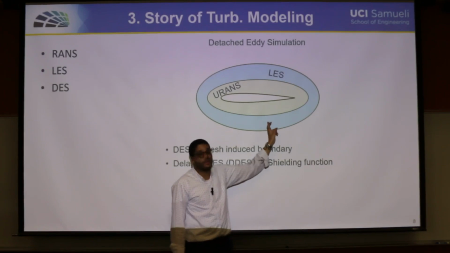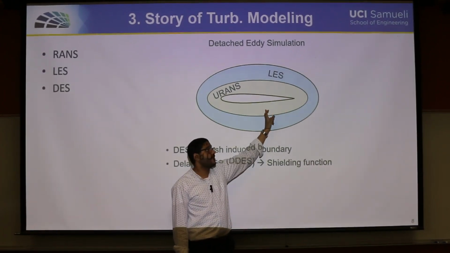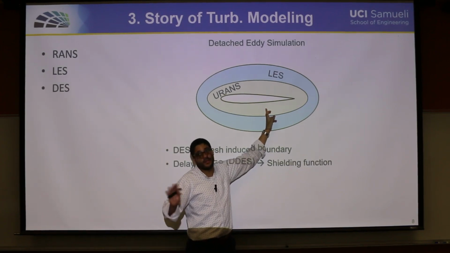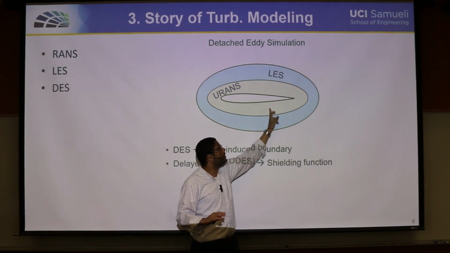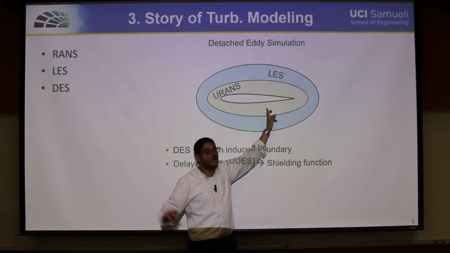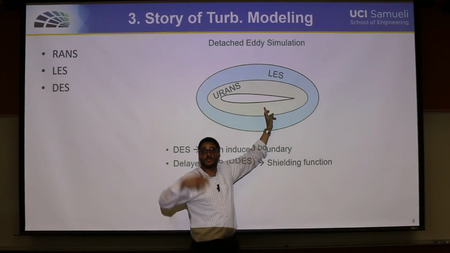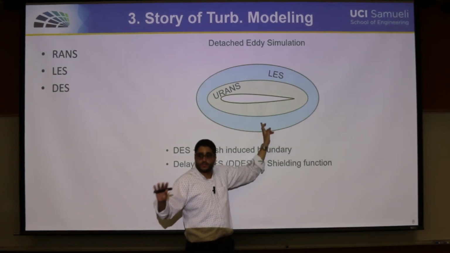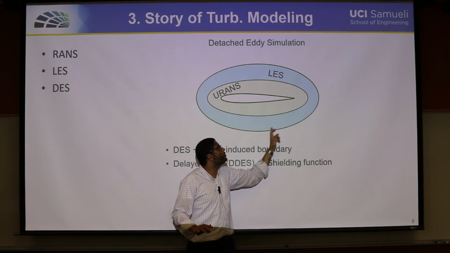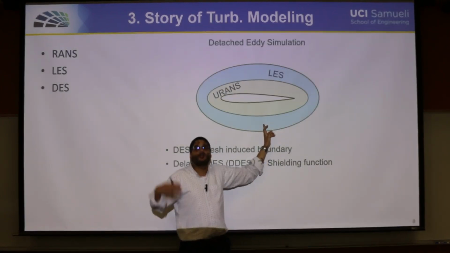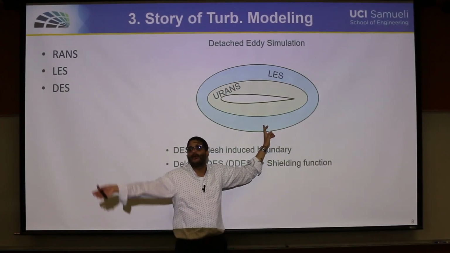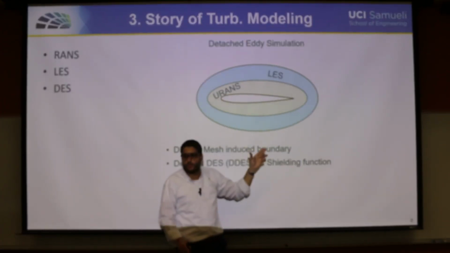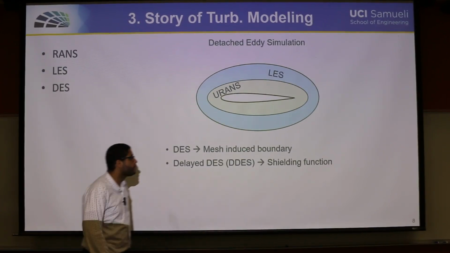Because remember, if LES goes in the unsteady RANS region, that mesh here is not prepared for accepting an LES solver, so what you will get here will be totally non-physical. And if the unsteady RANS extrapolates in the LES region, that mesh is acceptable to accept the unsteady RANS solver, but the solution you will get here will be of an unsteady RANS nature. You will be damping all the scales that you would like to capture, and you have been doing all of that to do this.